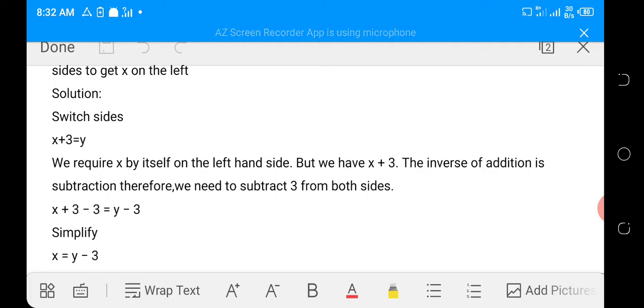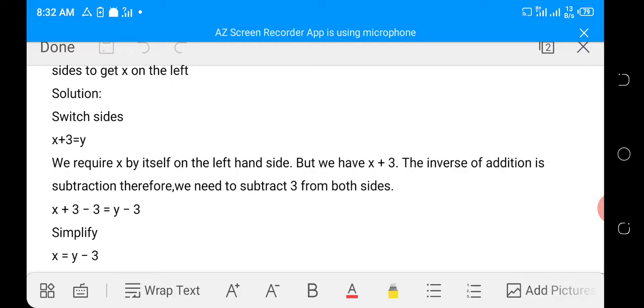Now, the next thing is, how do we make only x to be here and other variables will be at the other side? So we undo the addition because 3 is being added to x and we don't want it there. To undo addition, we subtract.